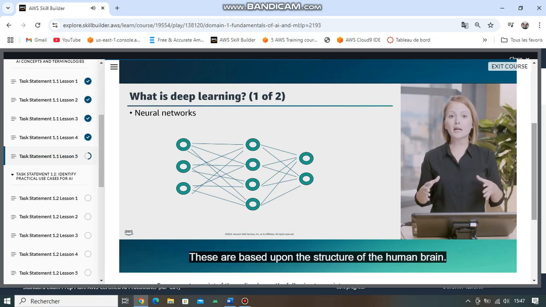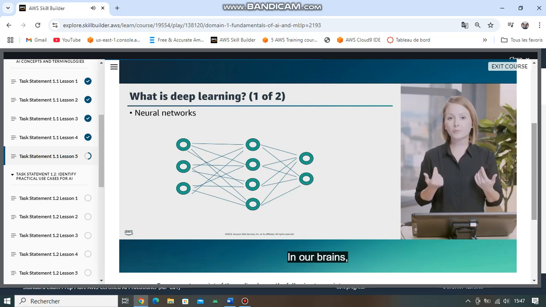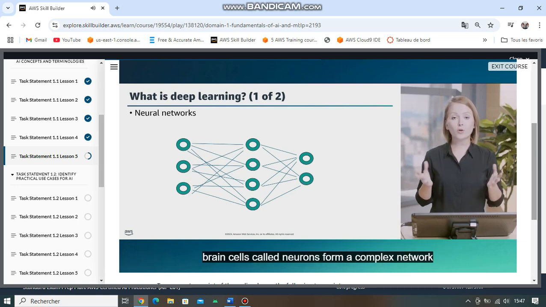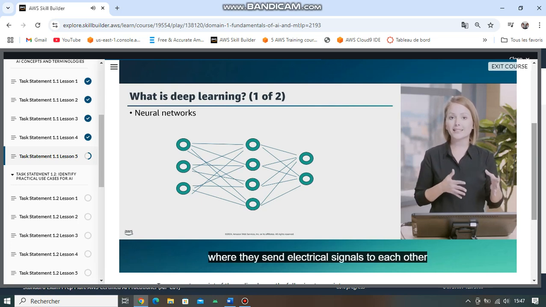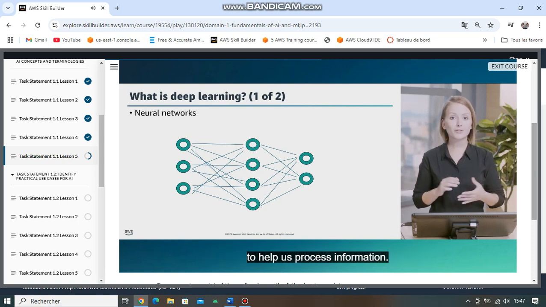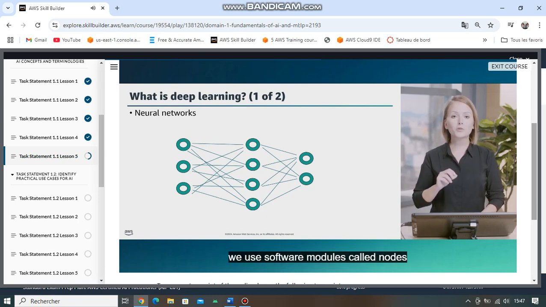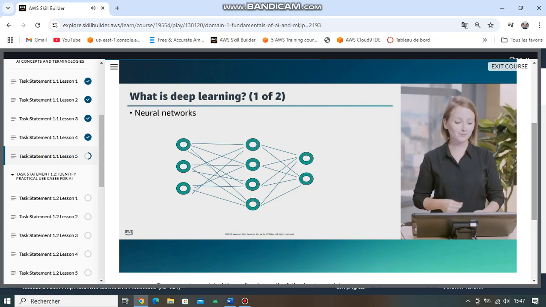These are based upon the structure of the human brain. In our brains, brain cells called neurons form a complex network where they send electrical signals to each other to help us process information. In deep learning models, we use software modules called nodes to simulate the behavior of neurons.